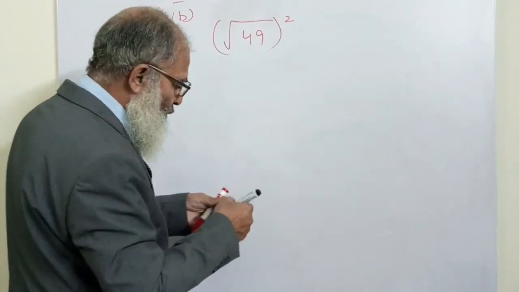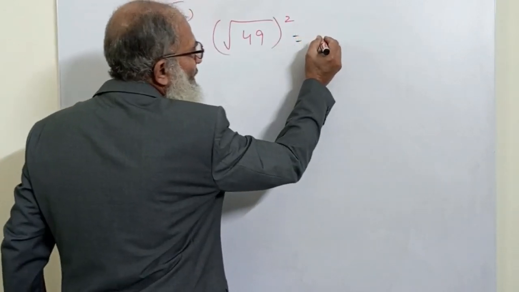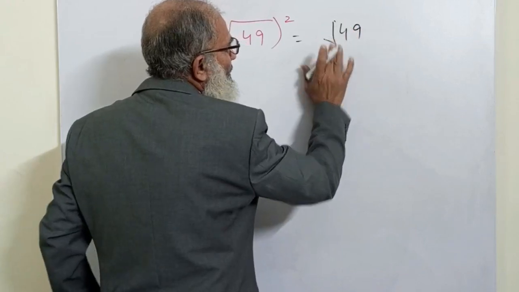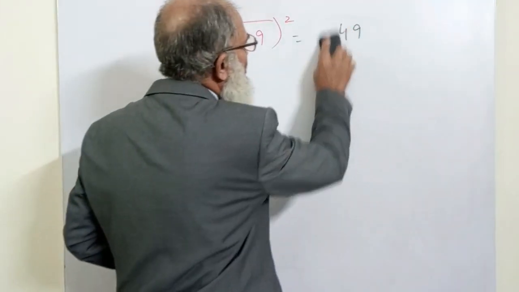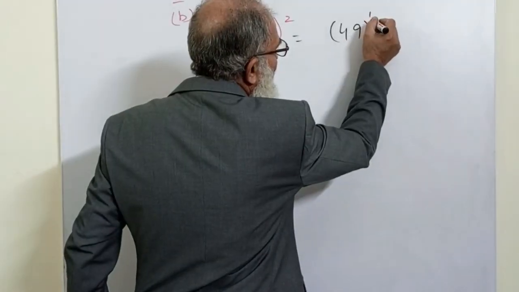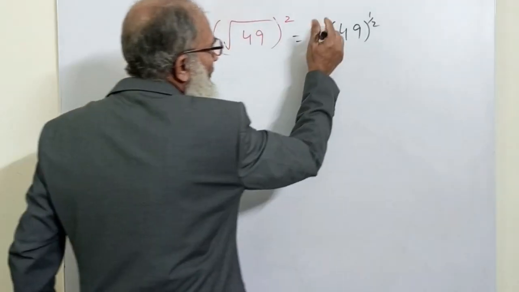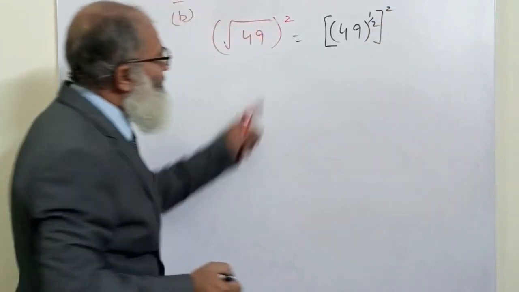So what I told you in my last, what does it mean? It means that 49, half, and then the square.